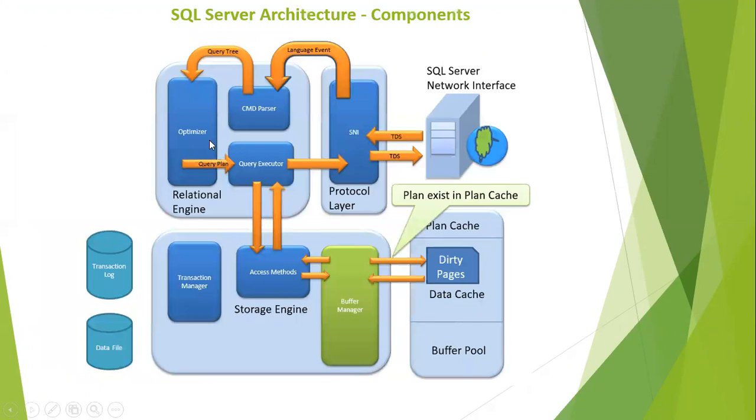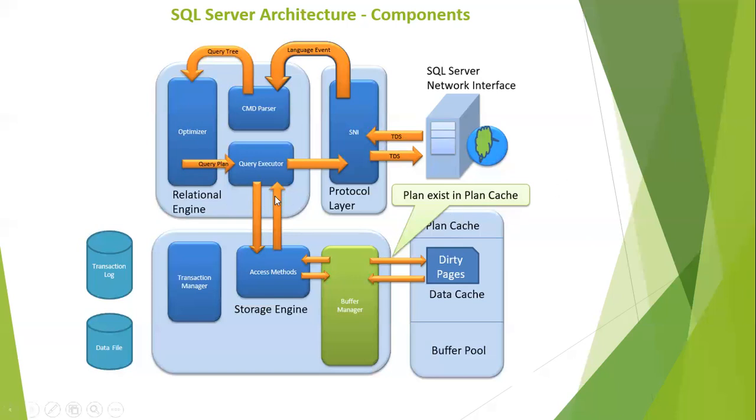This is how it will generate a plan. It generates a plan based on the statistics and the optimization level. Who generates a plan? The optimizer will generate a plan for that query. The optimizer generates a plan, and the plan will be stored in the plan cache. Once the plan is generated, it will be stored in the plan cache for later usage.